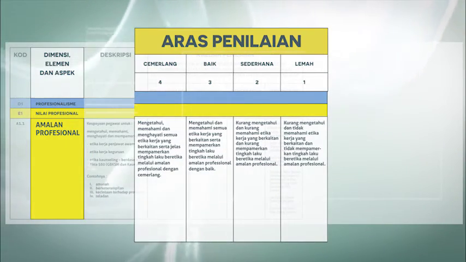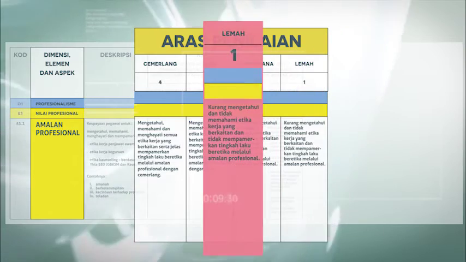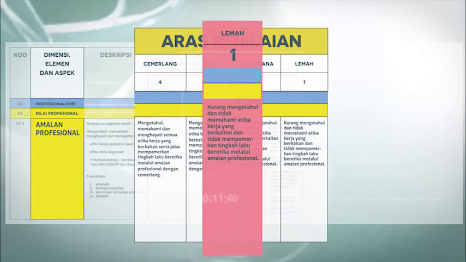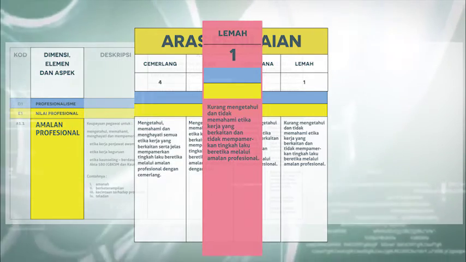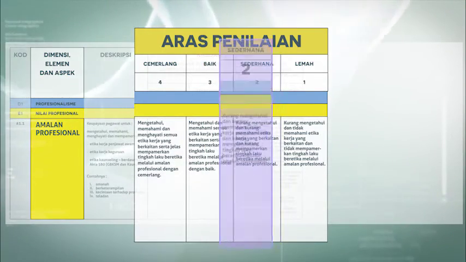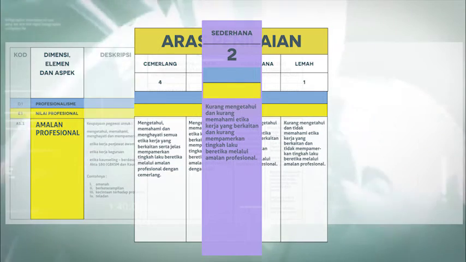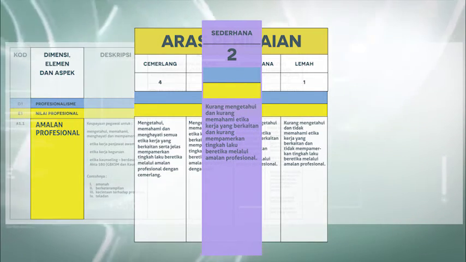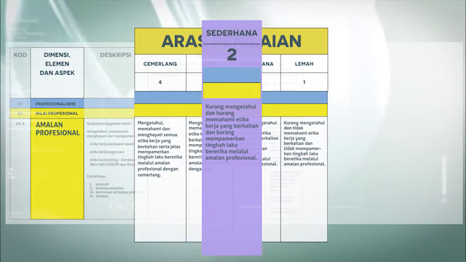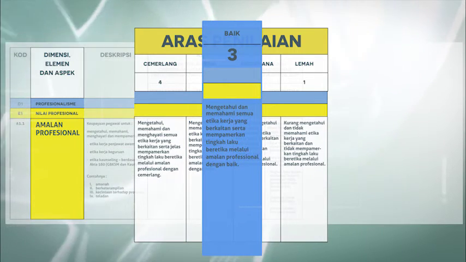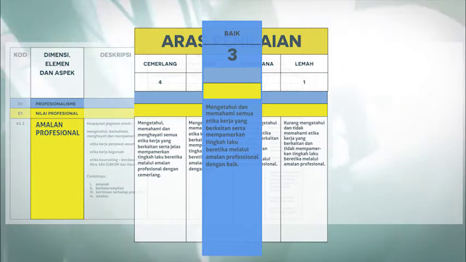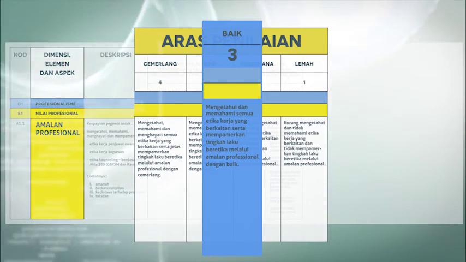The 4 levels are: a 1 score is a rating level which shows the evaluated officer is at a weak level. A 2 score is a rating level which shows the evaluated officer is at an average level. A 3 score is a rating level which shows the evaluated officer is at a good level.